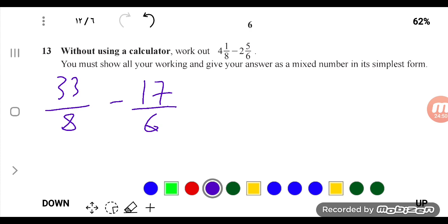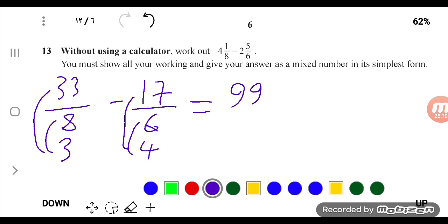Now you do the same denominator. In order to have same denominators, let's multiply this by 3 up and down, and this by 4 up and down, so that the denominator will be, in this case, 24. So 3 times 33, you get 99 over 24, minus 4 times 17, that is 68, over 24.